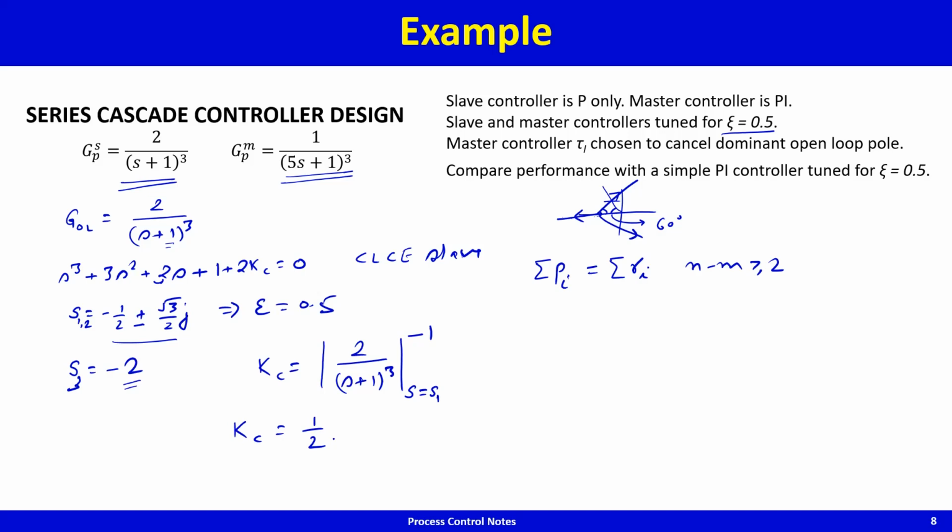Okay, so what do we have here? Real part and imaginary part equal to 0 will also give that, and since this is a third order system, it should follow a little easier here.